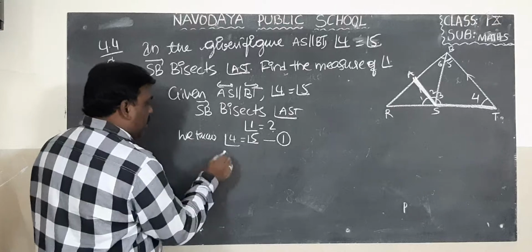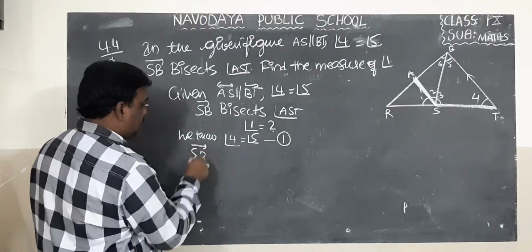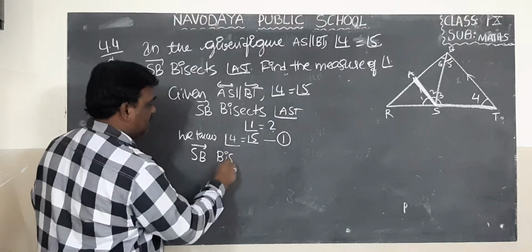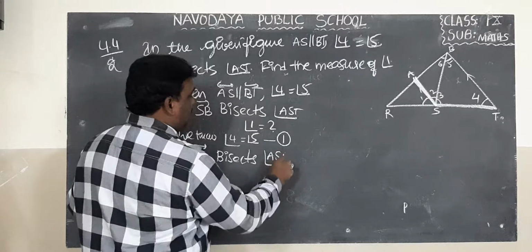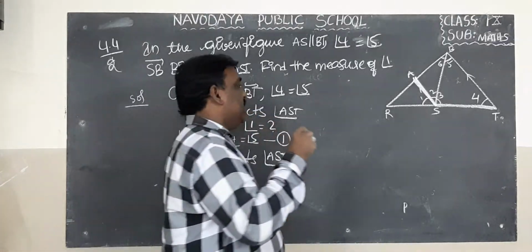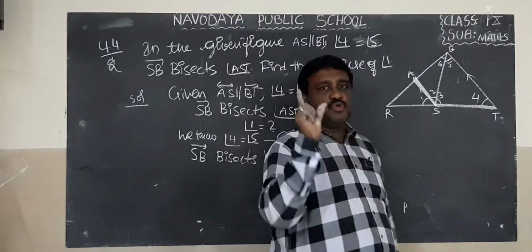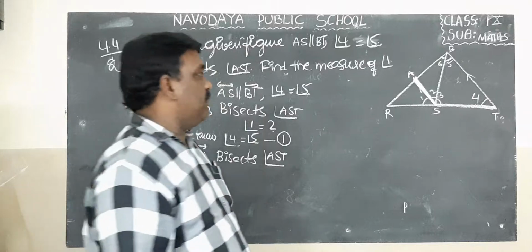Then what we know? SB bisects angle AST. What is bisect? Two equal parts. It divides the angle into two equal parts.